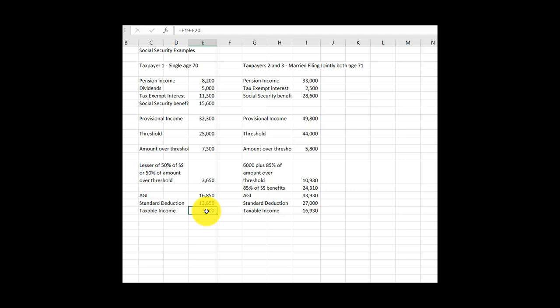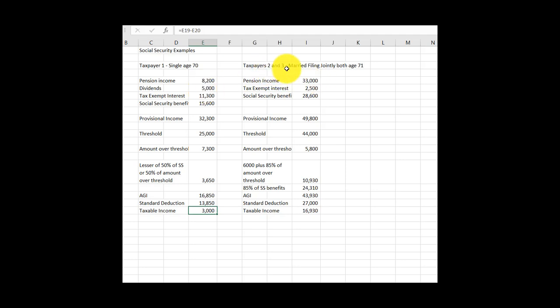So for this individual with the extra standard deduction, they would have to have itemized deductions of more than $13,850 before you would be looking to itemize their deductions and put that on the return. So taxable income after subtracting standard deduction is $3,000. Then we would calculate the tax on that. We might have to decide whether these dividends are qualified or not, but that's for a later chapter.